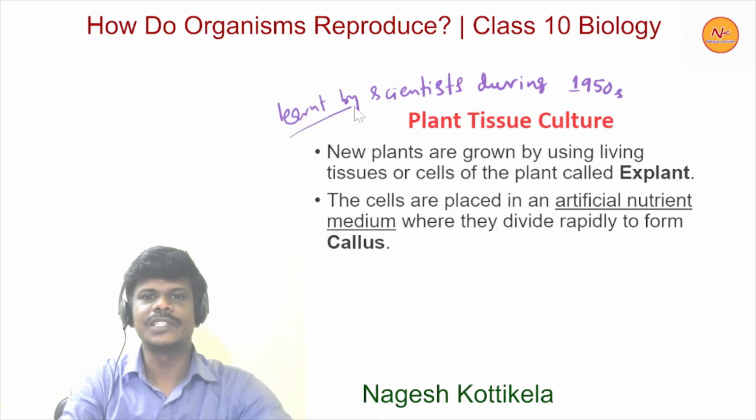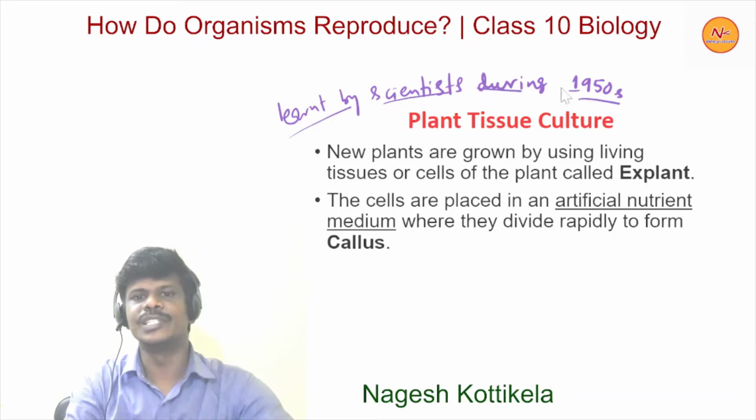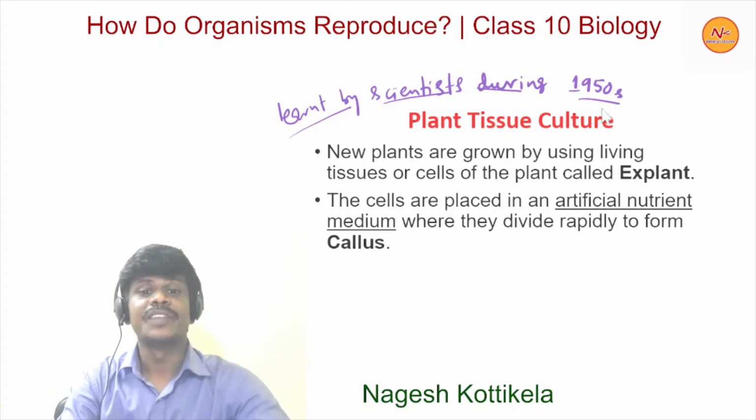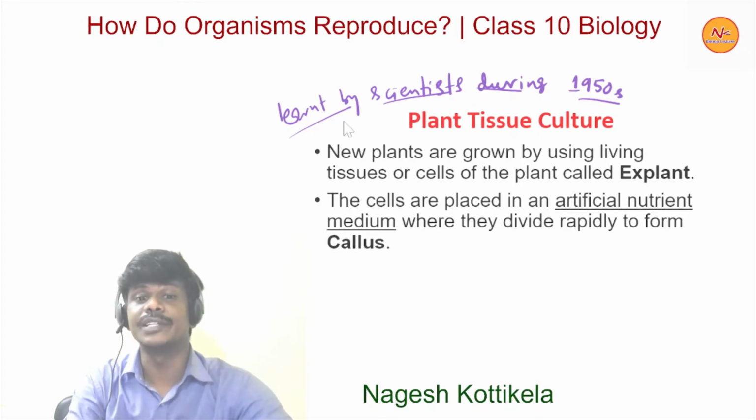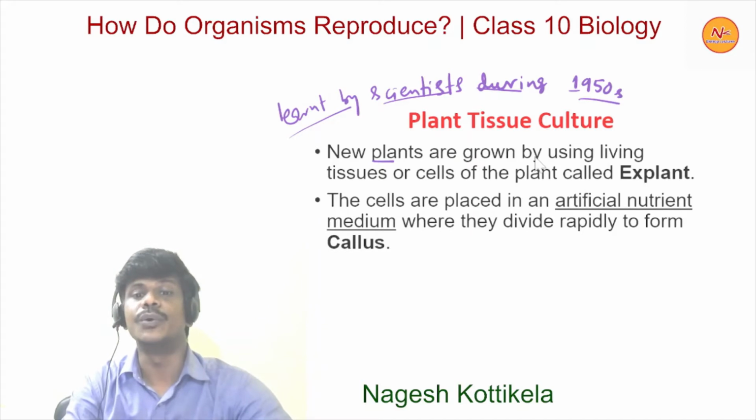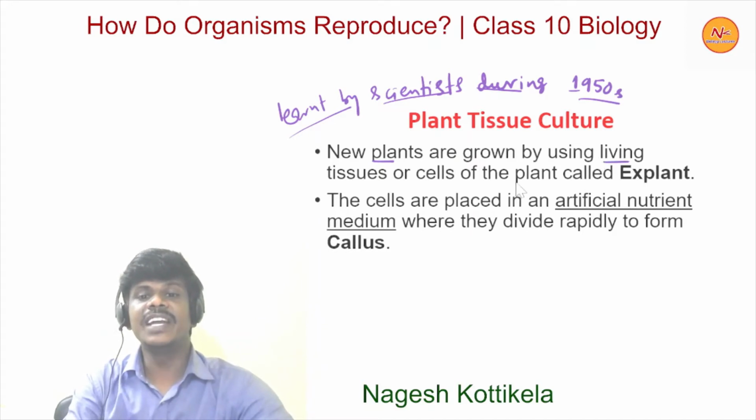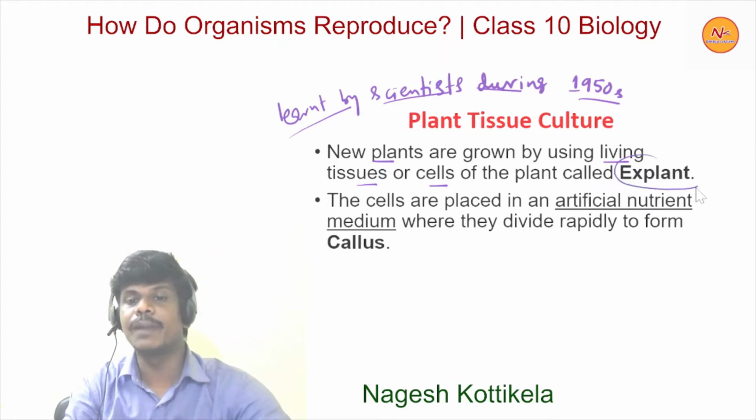I repeat this once again. Tissue culture was learnt by scientists during the 1950s, and in this tissue culture method new plants are grown by using living tissues or cells of the plant called explant.